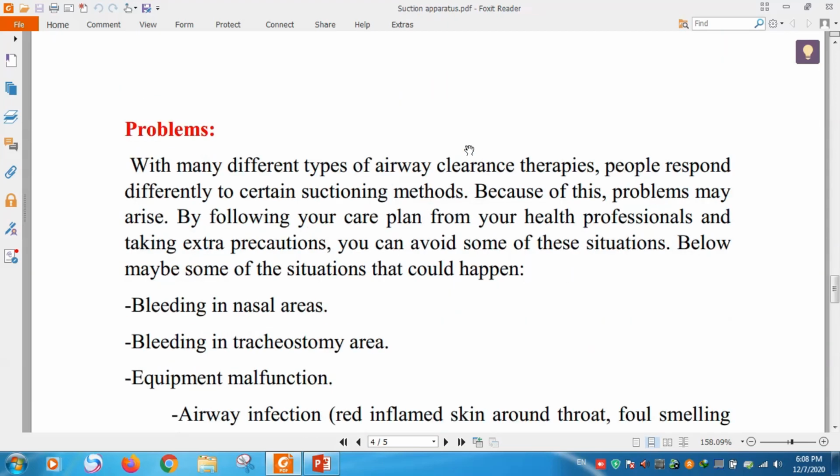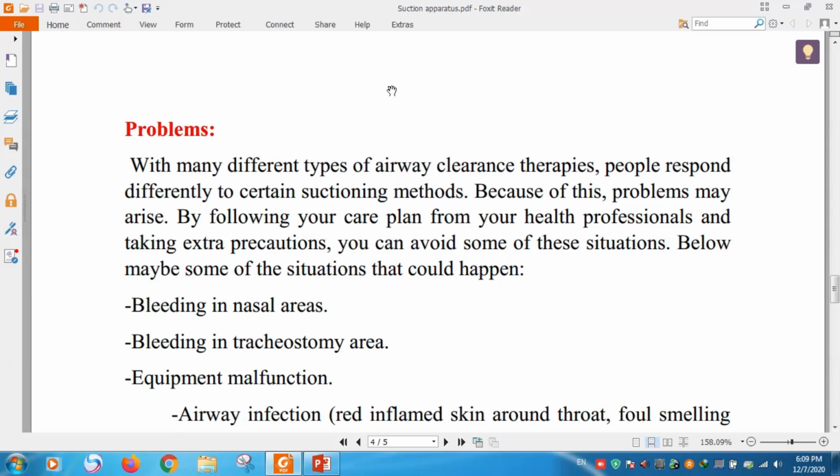We have problems in this device with many different types of airway clearance therapies; people respond differently to certain suction methods. Because of these problems that may arise, follow your care plan from your health professionals and take extra precautions.